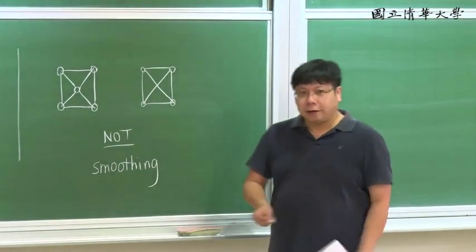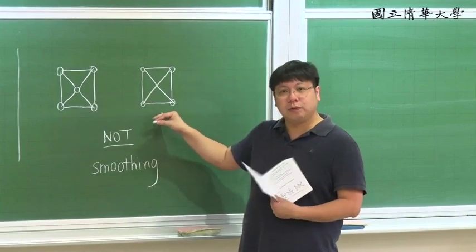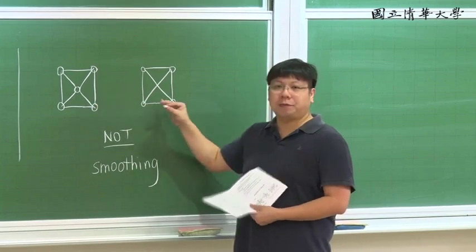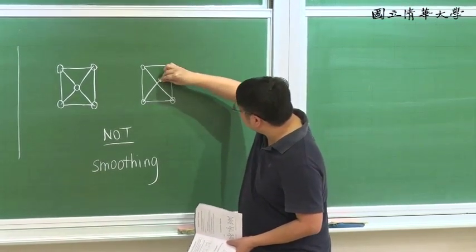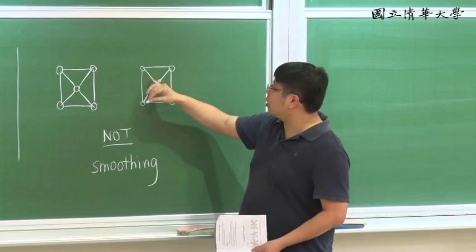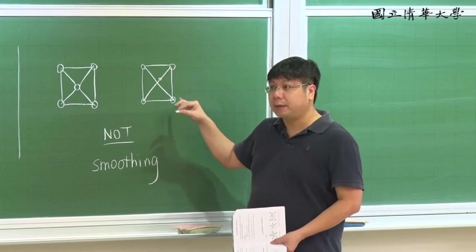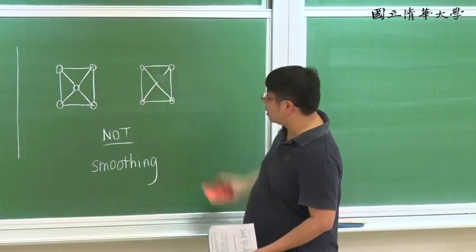To see that, if it were a smoothing operation, then you could reverse the direction and get this graph from this graph by doing subdivision. You may try to subdivide this edge at a certain point, but this point is not on this line. So this one to this one is not a smoothing operation.